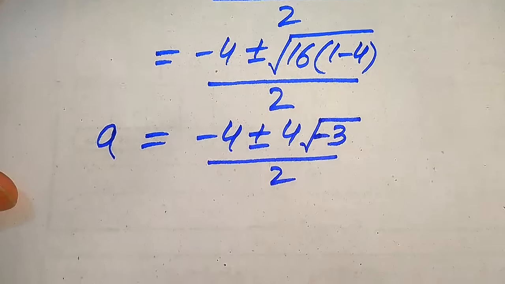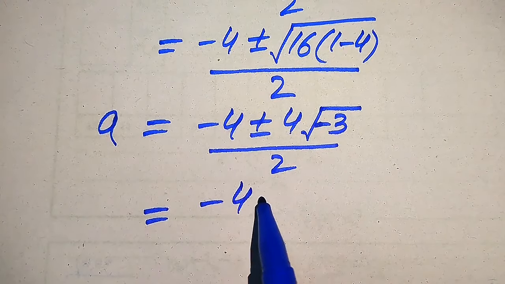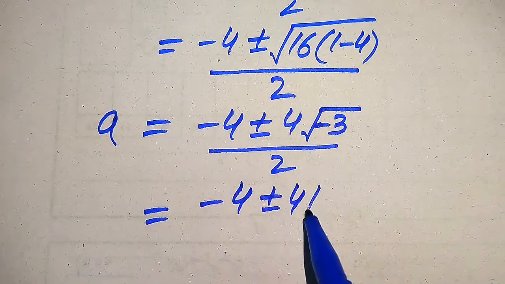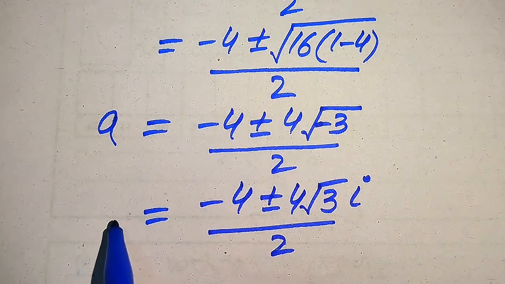So here we know that when a negative sign appears inside the square root, it becomes iota. We write it as minus 4 plus minus 4 times square root of 3 into iota, and it is divided by 2.